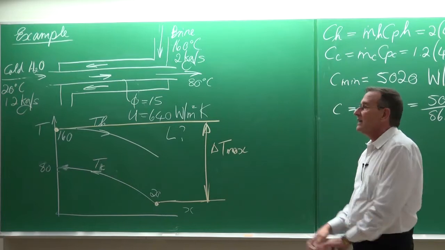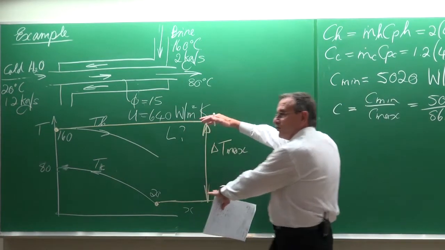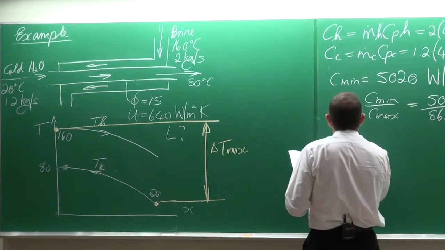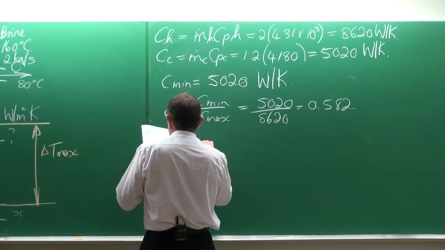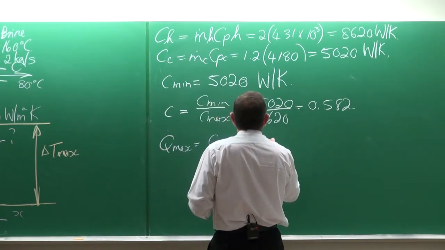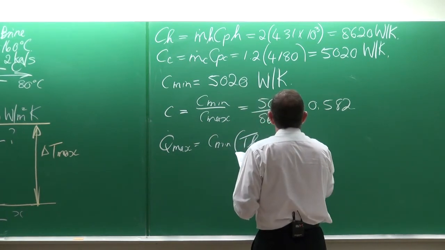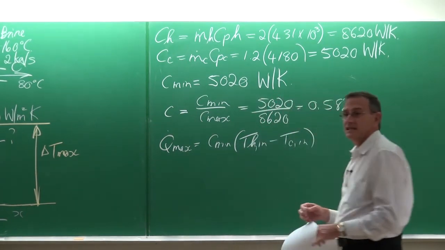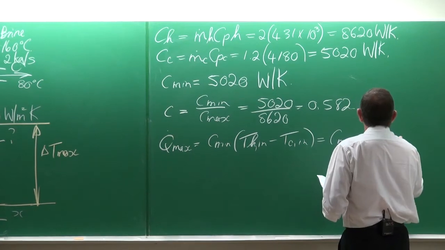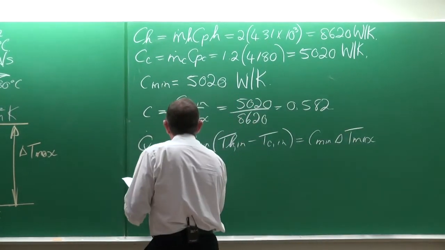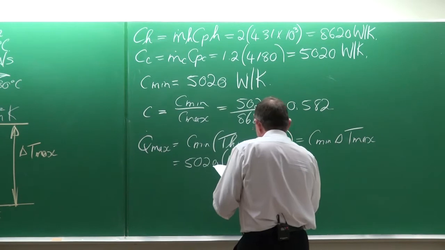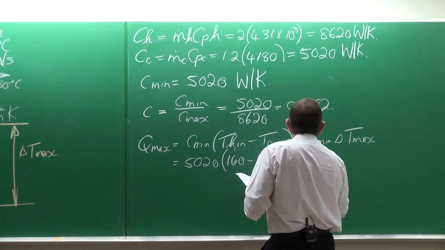So that heat exchanger can never produce more heat transfer rate than that using that delta T. So Q max is then always equal to C minimum multiplied by the hot in temperature minus the cold inlet temperature, which is delta T max, is C minimum multiplied by delta T max, and that is equal to 5,020 multiplied by 160 minus 20, and that is 702.8 kilowatts.